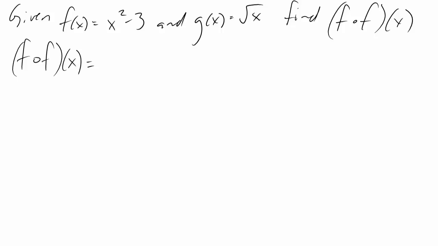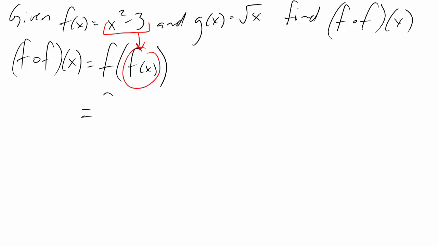And so we're just going to focus on the f composed with f, and remember that composition means this is f of f of x. And so what that's going to allow us to do is take this x squared minus 3, which is equal to f of x, and substitute it in here for that f of x in the parentheses. So that means what we're really looking for now is f of x squared minus 3.